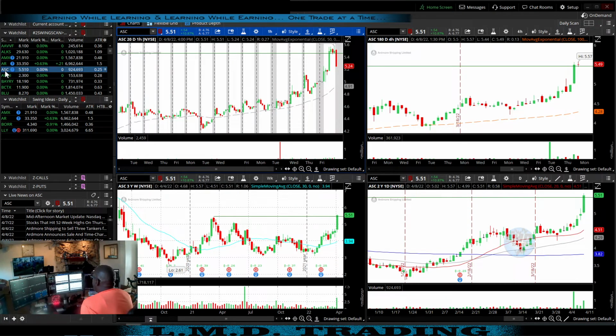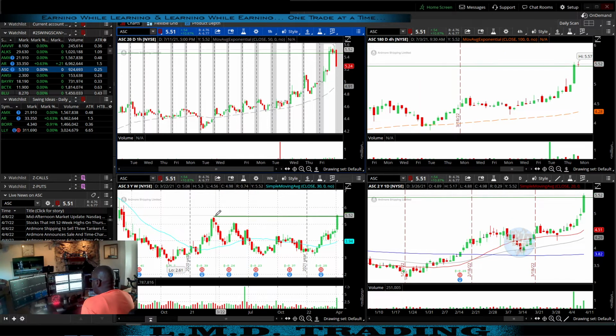Look at ASC. Look at the 4-hour. That's a nice little 3-bar play. Right over an area of support. And this one I had saw on another watch list. So that's why I dropped this line here.